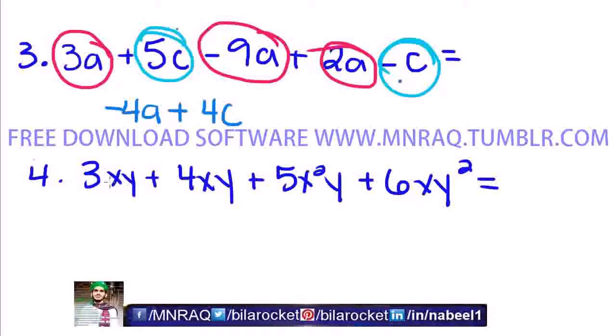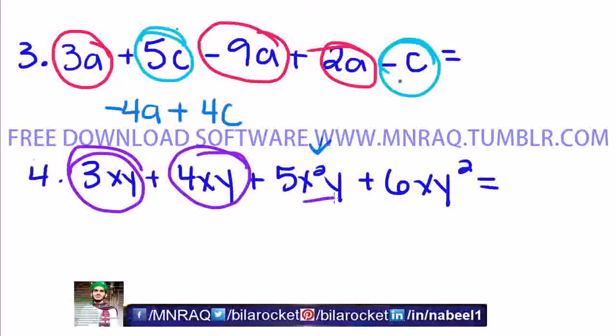Okay, now this one is a little bit more difficult than any of the ones we've done before because we have terms that have a squared in them. So first we're going to look for all the similar terms. So this is 3xy, this is 4xy, and this one has x squared y and xy squared.